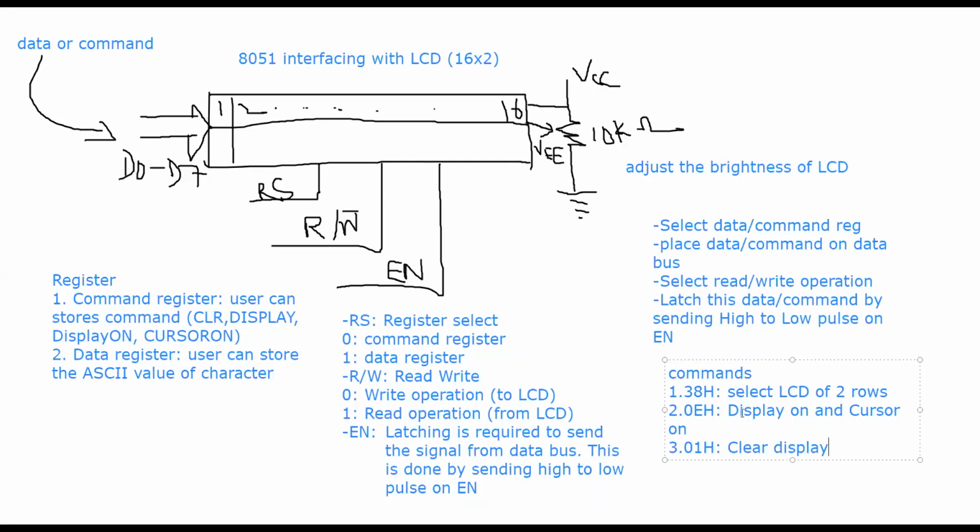Display on, cursor on, this is wherever you want. For example, sometimes you don't want your character to show from the first column, but in the middle, from here. So you will select the row and column, maybe the 4th column, not from 1.